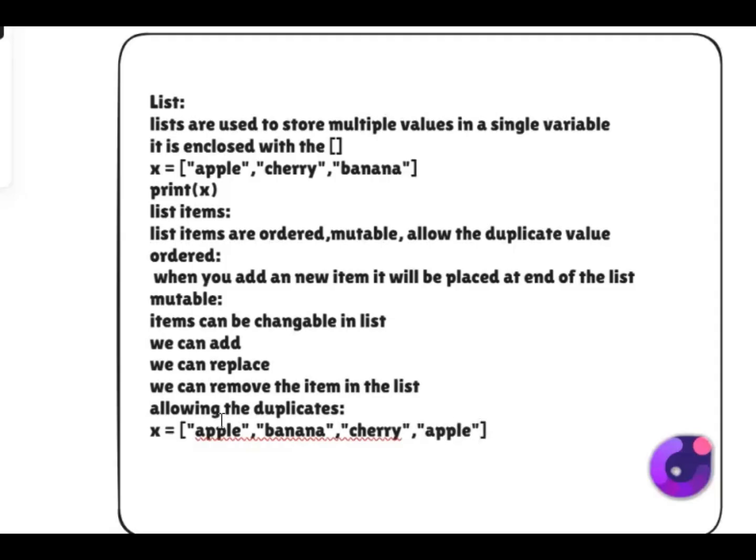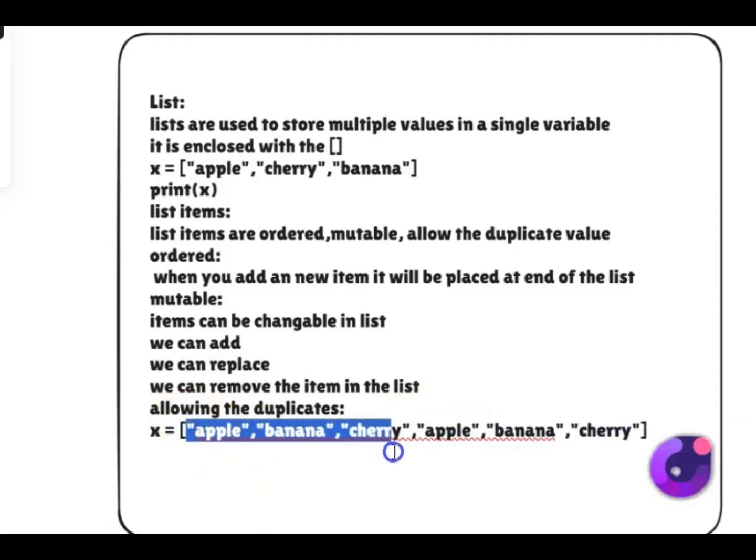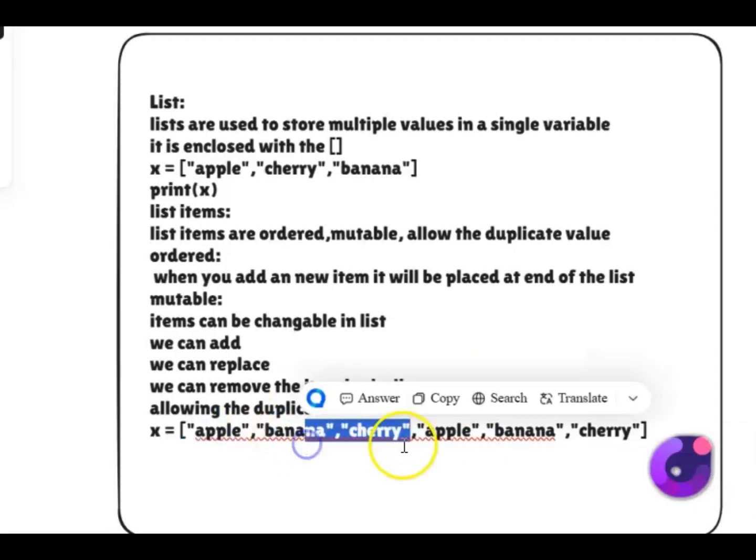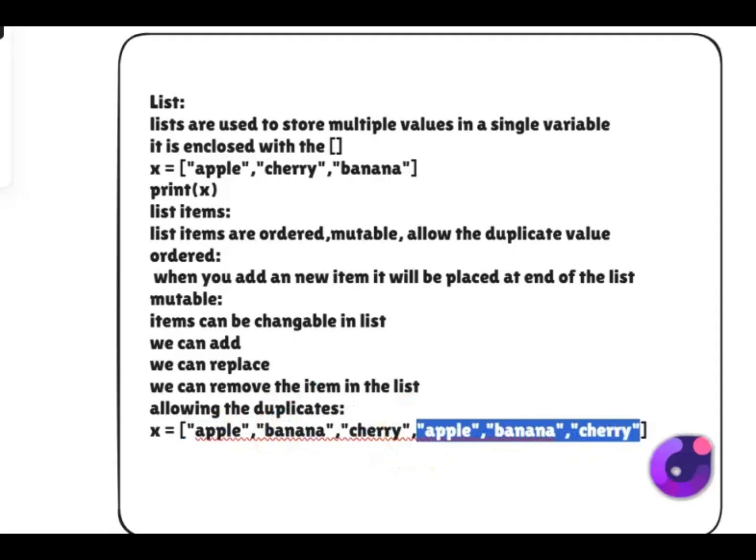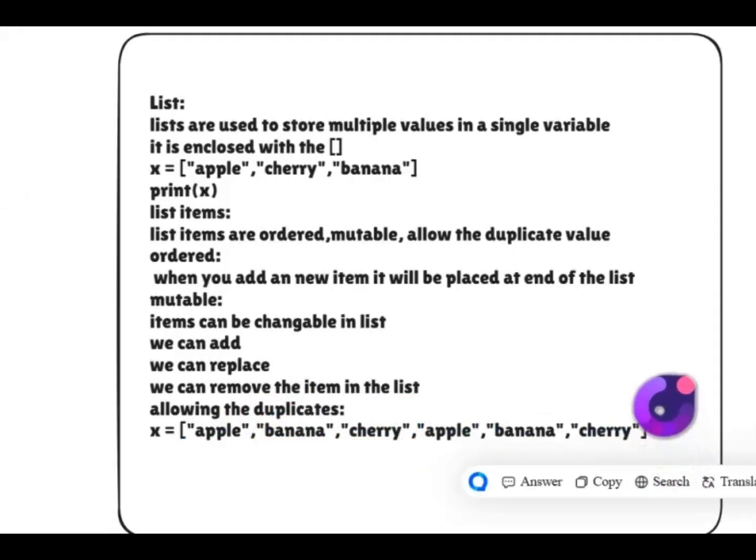Apple, banana, cherry. These are known as duplicates because you already defined the apple, banana, cherry here. And again, you were given items apple, banana, cherry. But a list allows the duplicates.